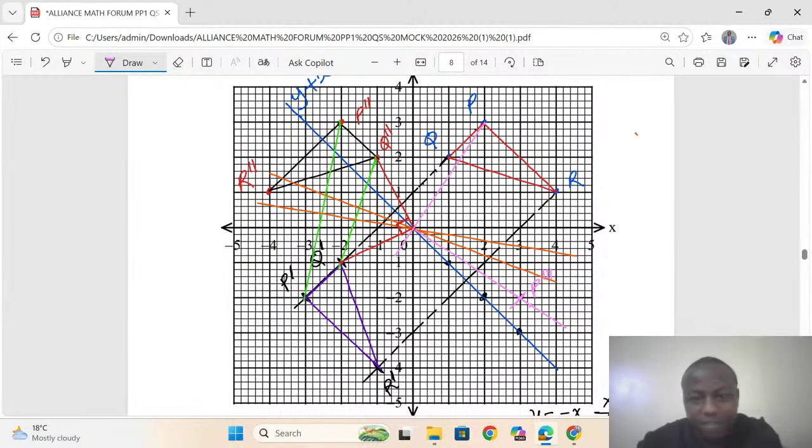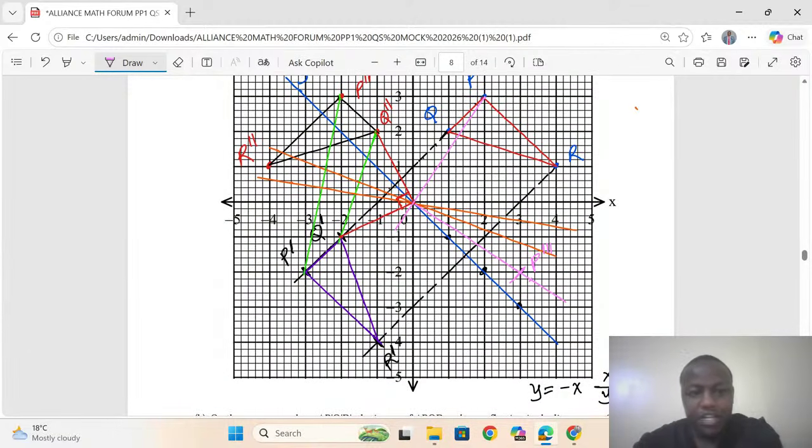Then I do the same for Q and R. Doing the same for Q, I join it to the center. Then I measure 90 in the clockwise direction.